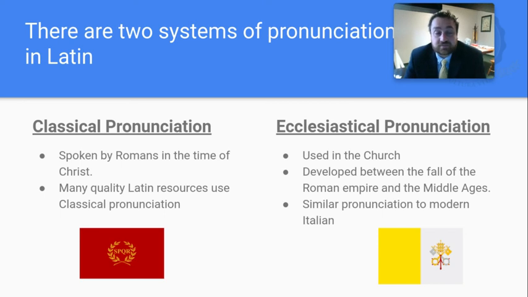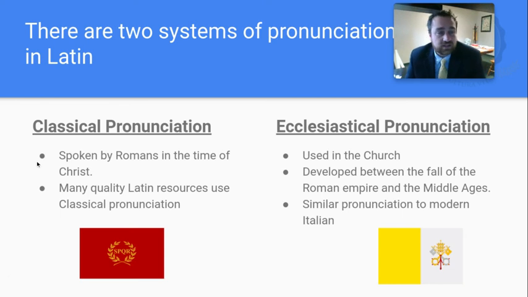And to whatever extent he may have spoken some Latin from time to time with certain people, the Latin he would have spoken would have been classical pronunciation, because the ecclesiastical pronunciation didn't develop until hundreds of years later.